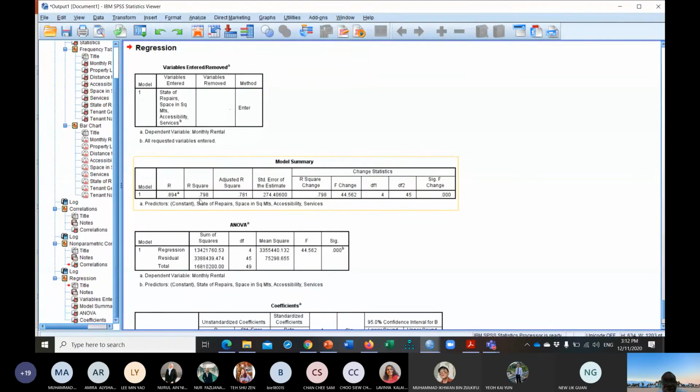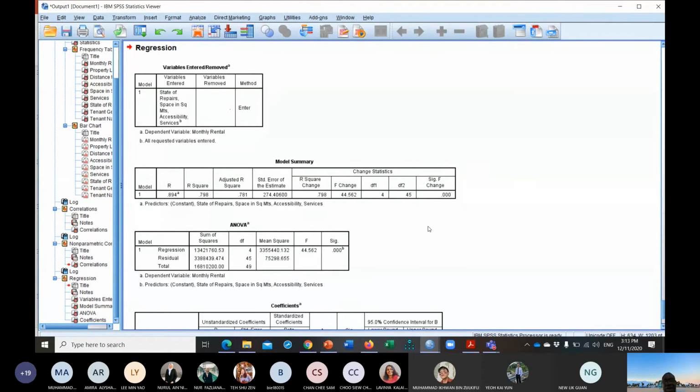What does it translate to? What it means is that all the 4 factors we have put into this regression are contributing 80% to rental. So that means for changes in these factors, there will be 80% effect on the rent.